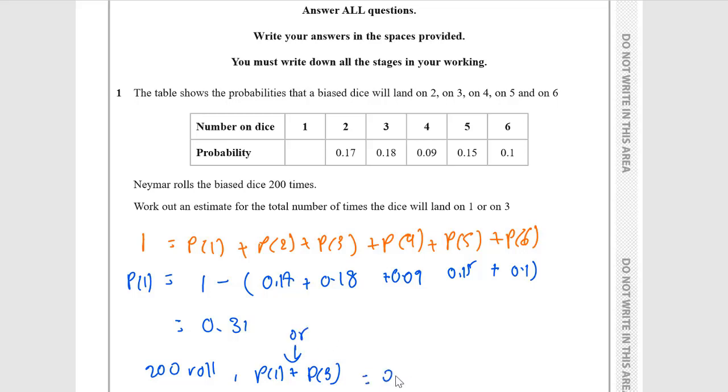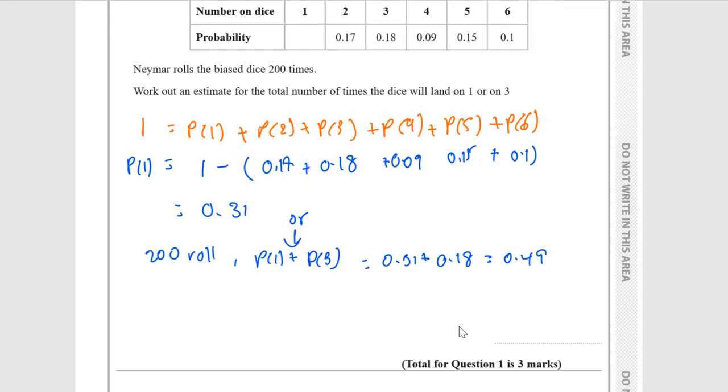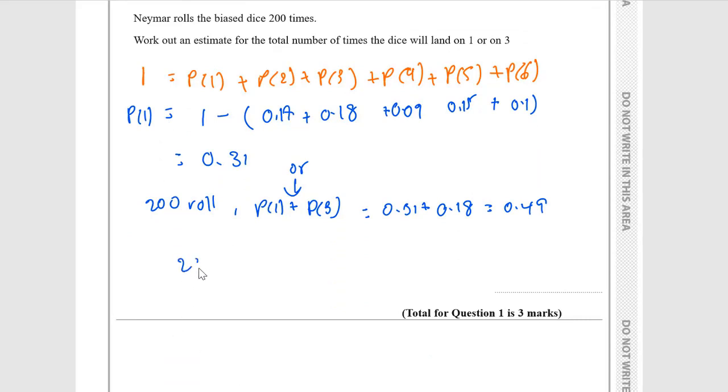So that's 0.31 plus 0.18, which gives 0.49. 200 times 0.49 gives you 98. So this means that you can estimate that if you roll the biased dice 200 times, you will land on 1 or 3 98 times. That's the estimate.